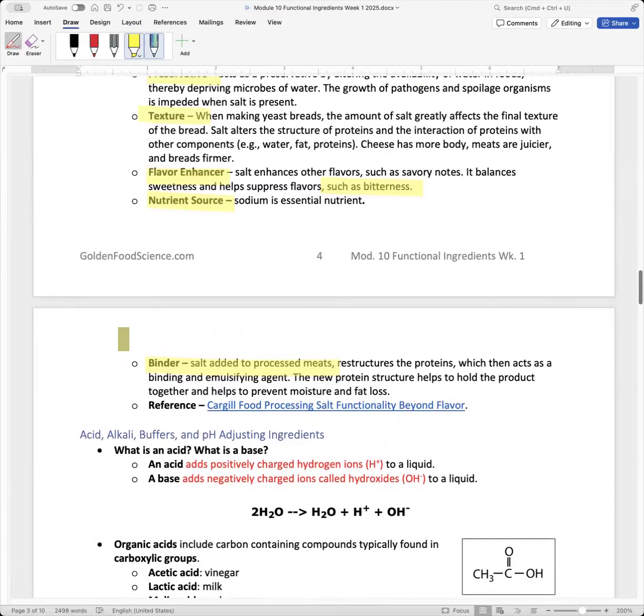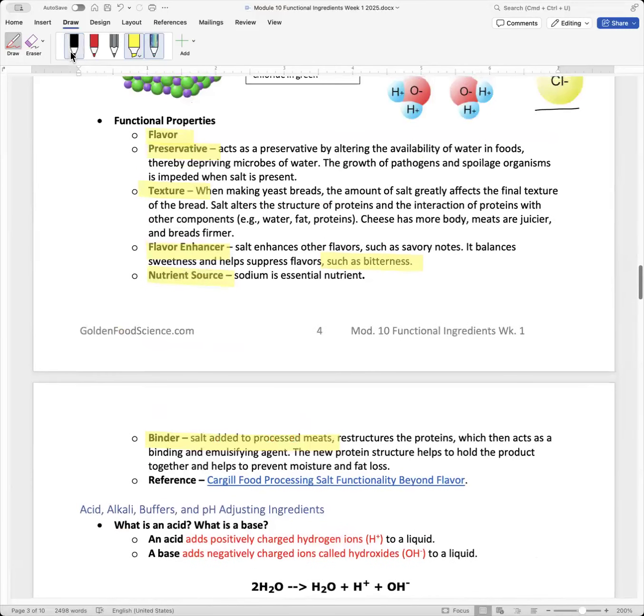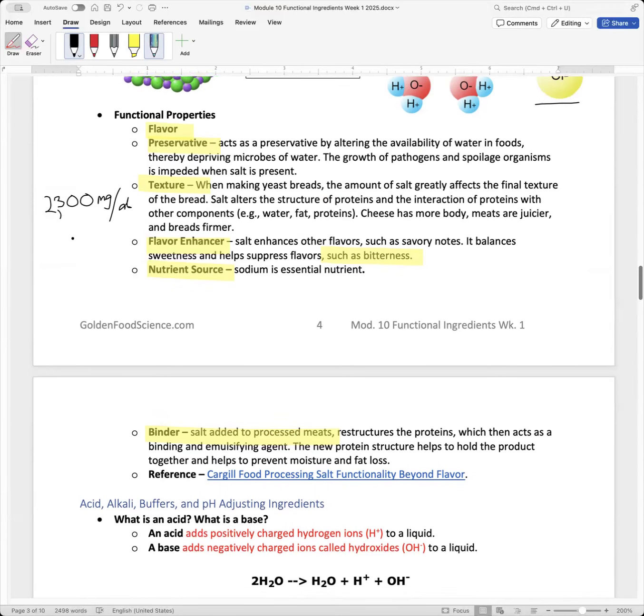The current dietary recommendation is 2,300 milligrams per day, down from 2,500 milligrams per day. And they're looking to drop it to 2,000 sometime in the future. We'll see. I haven't heard anything recently.